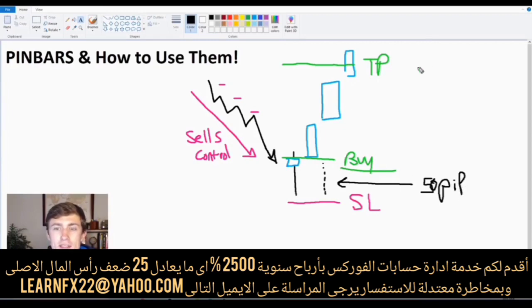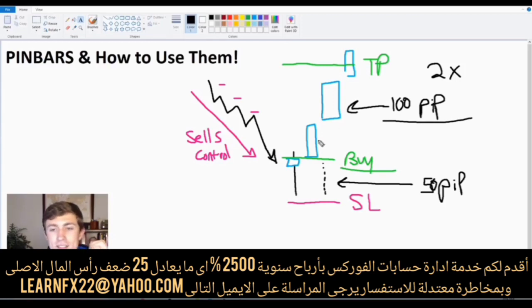Well, then in this case, 2 times our risk area would equal what? It would equal a 100 pip take profit. Okay, so we'd be looking to risk less than we are potentially going to make on this move. And so if this plays out, if we are correct in our analysis, then we could see the reversal and catch this move and use this area as a good way to potentially look for an entry. That's a good example of a bullish one.